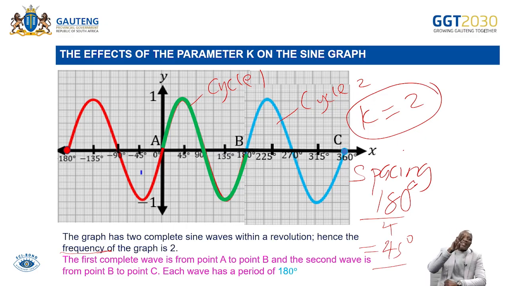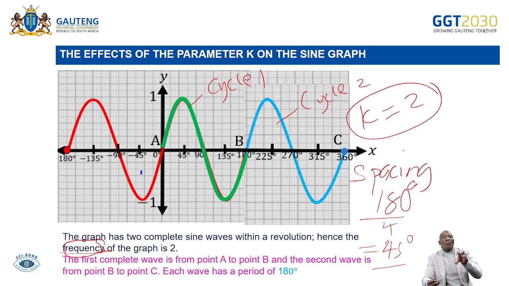So basically, there are 2 things that are affected here. The range is not affected. The domain is not affected. What is affected are 2 things. The frequency of the graph, meaning how many times will I see a complete sine wave within a revolution? I will see it twice.